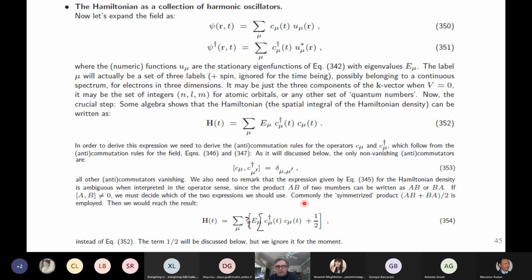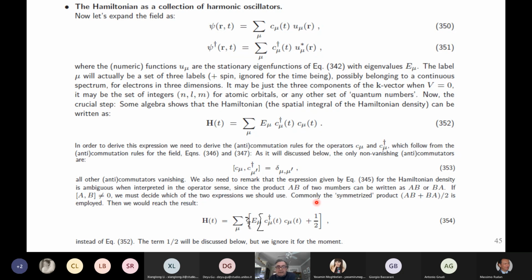In its ground state, it's a collection of harmonic oscillators, each corresponding to one particular electronic state, and the energy is infinity simply because each harmonic oscillator has this 1/2 h bar omega, and the excited states are electrons which are excited into each of these quantum numbers, k vectors, if there is no potential.